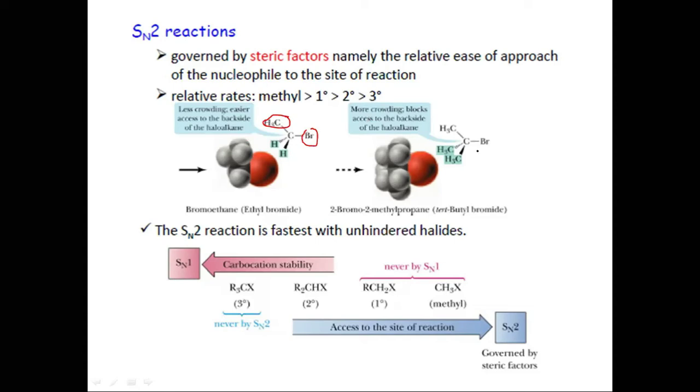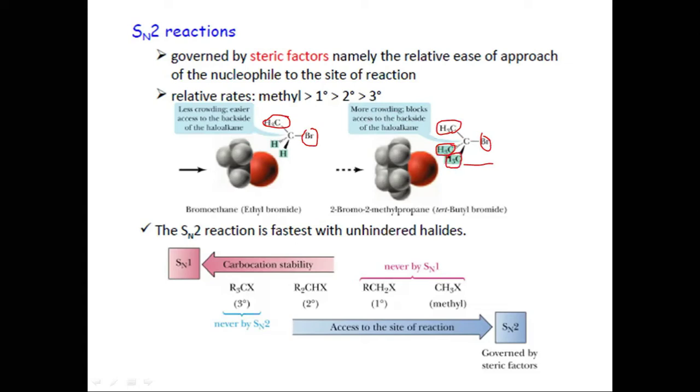If you move on to tertiary butyl bromide, in this case, tertiary butyl bromide has a carbon with the leaving group, and three methyl groups are present on the carbon which is carrying the leaving group.